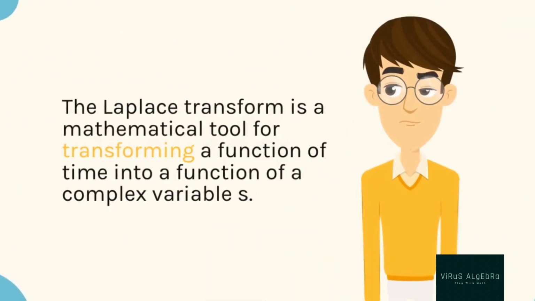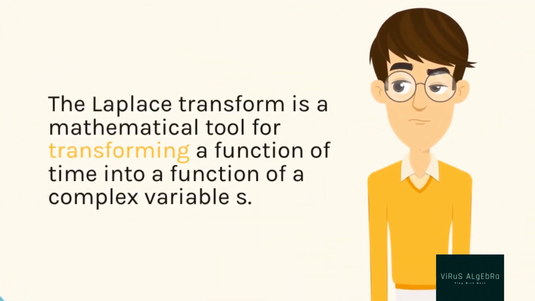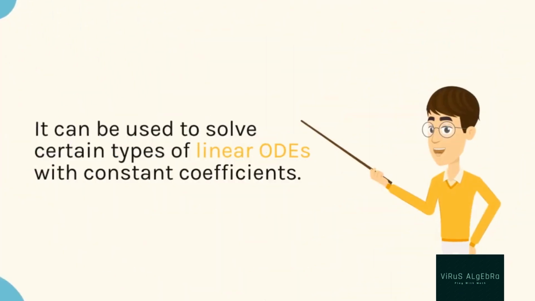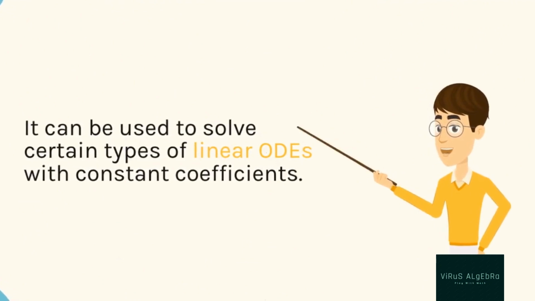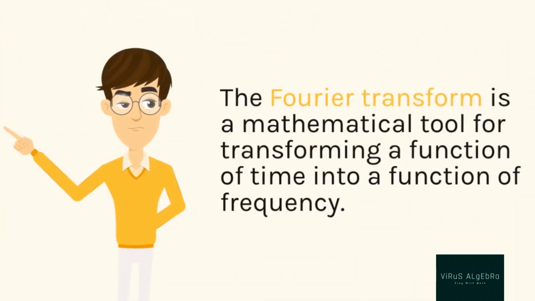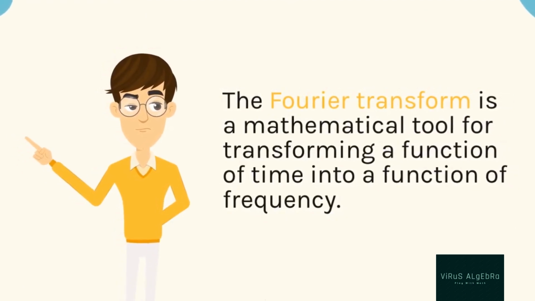The Laplace transform is a mathematical tool for transforming a function of time into a function of a complex variable s. It can be used to solve certain types of linear ODEs with constant coefficients. The Fourier transform is a mathematical tool for transforming a function of time into a function of frequency.